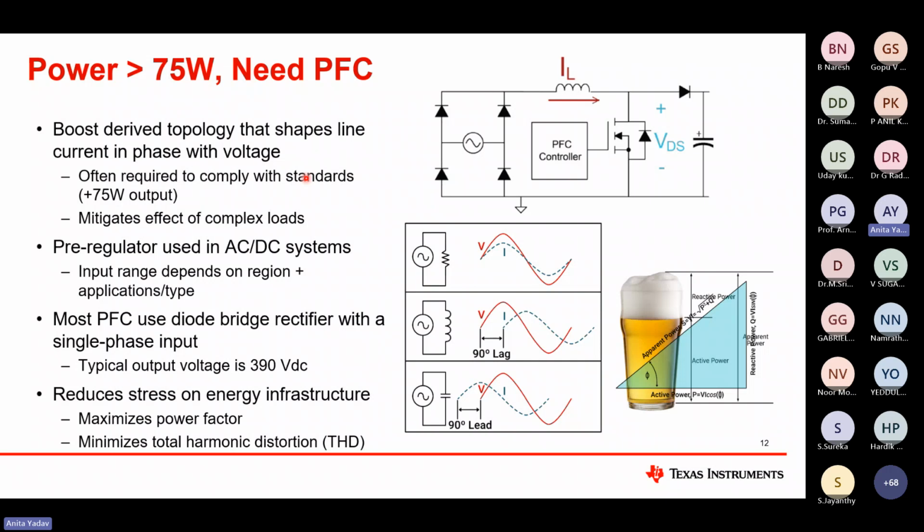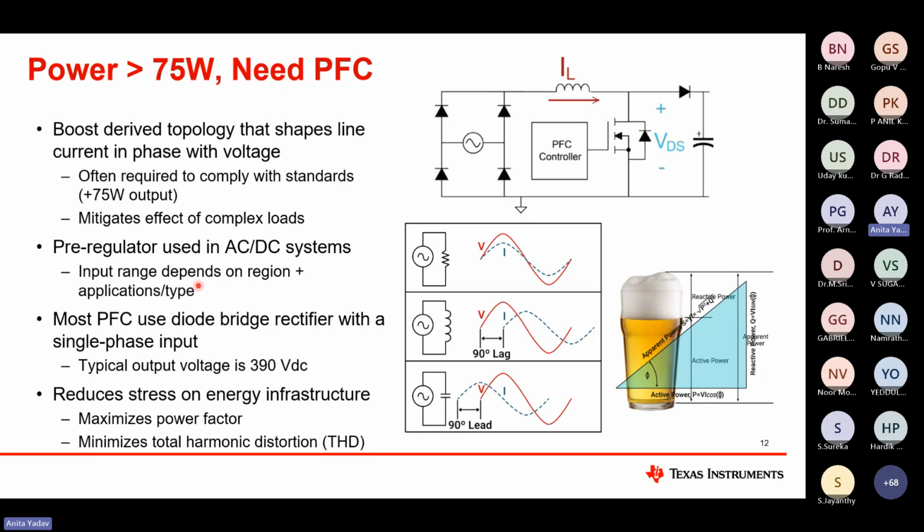It needs PFC to mitigate the effect of complex loads. So if we have a power level greater than 75 watt in an AC to DC converter, there will be two stages, AC to DC plus DC to DC, and thus PFC is known as a pre-regulator for such applications.